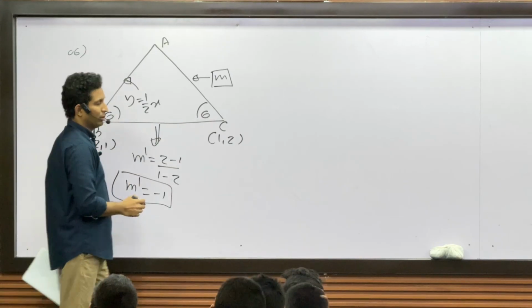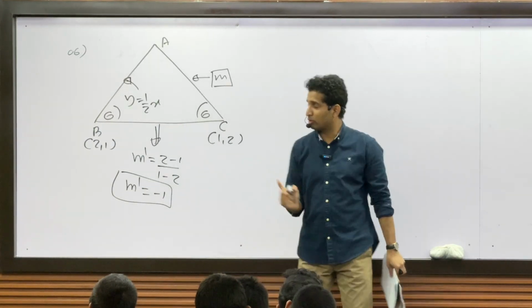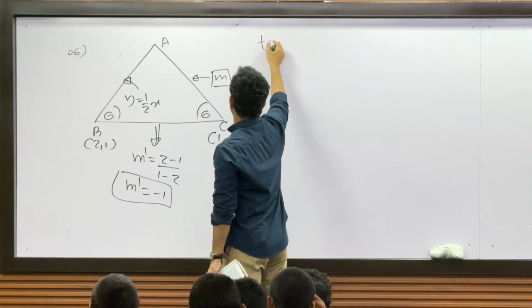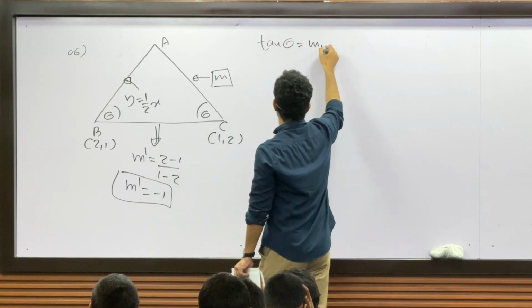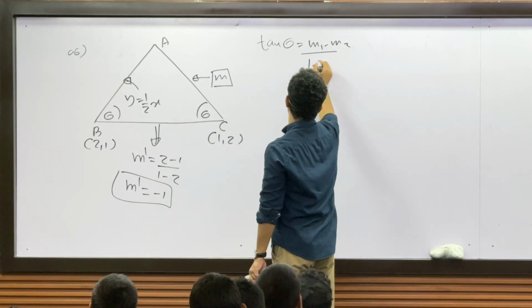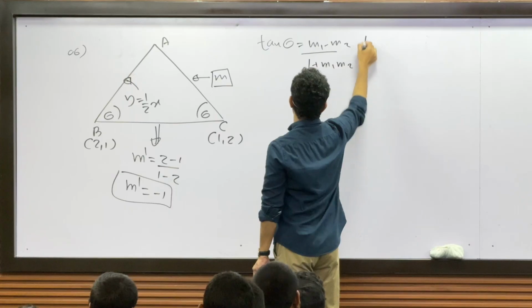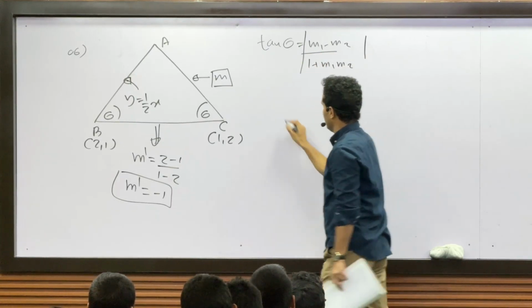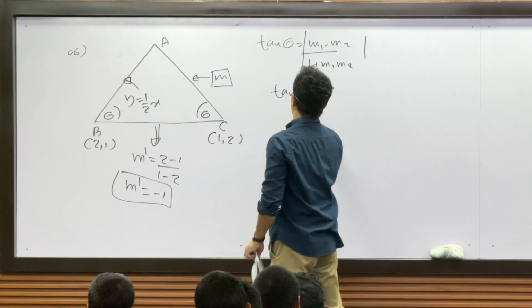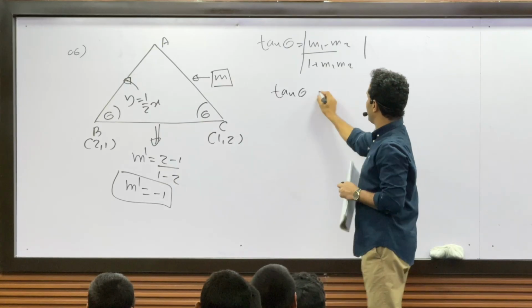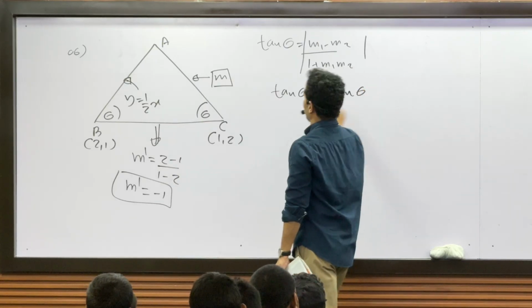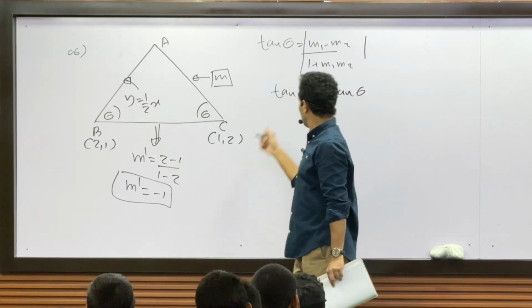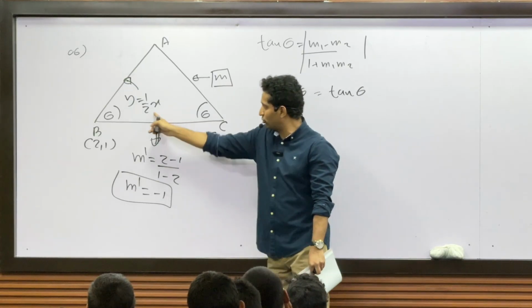Now, to find m, you can use the previous theorem that tan theta equals modulus of m1 minus m2 divided by 1 plus m1 m2. Because this is theta and this is theta, tan theta is the same for both, so you can find tan theta using these two gradients.